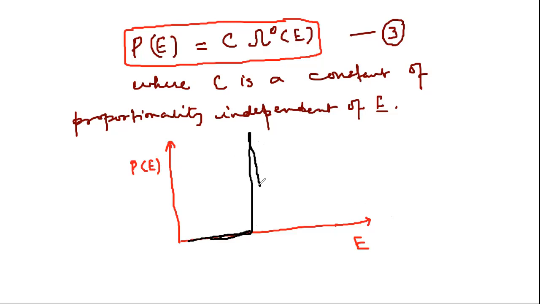This P of E will have a sharp peak at some value of energy. We call that energy E curly, right?